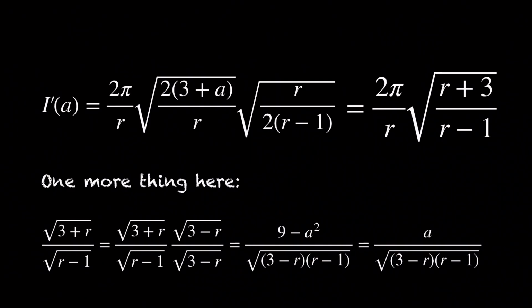The square root of 3 plus r over r minus 1 can be simplified down to a over the square root of r minus 3 times r minus 1. And so, we can get our integrand to look as follows.